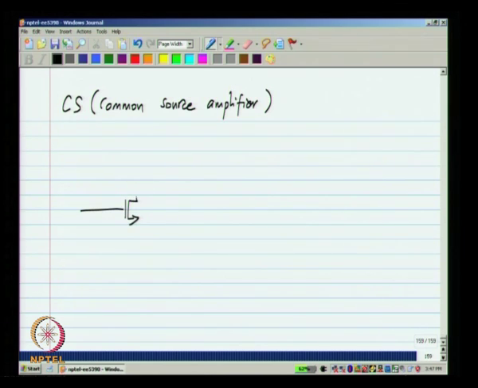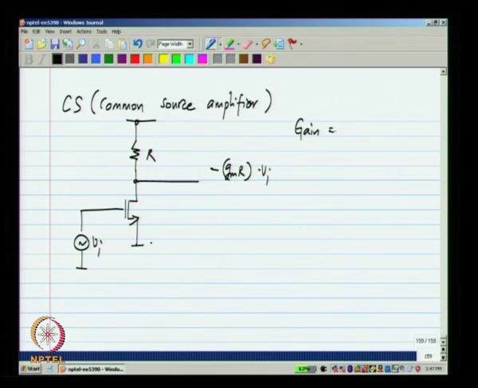Here again I show only the small signal picture. So, what will be the output? It is minus GMR times Vi. So, the gain is minus GMR.